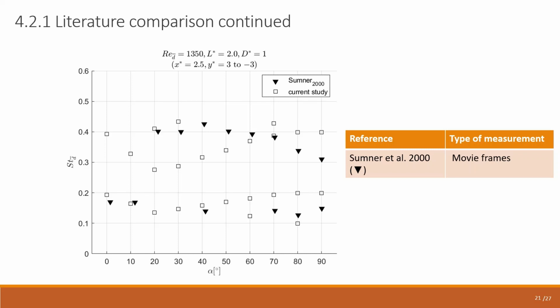For 40 degrees, we see a strong correlation for the first peak. With this comparison, we remember that there could be variability in the results because of the variability in the measurements. With this study, we'll proceed to identify the Strouhal number for other Reynolds numbers.